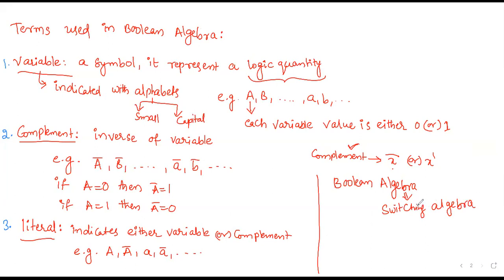It is called switching algebra because it deals with only two values to analyze digital circuits: one is 0, one is 1. 0 we consider switch off, 1 we consider switch on.